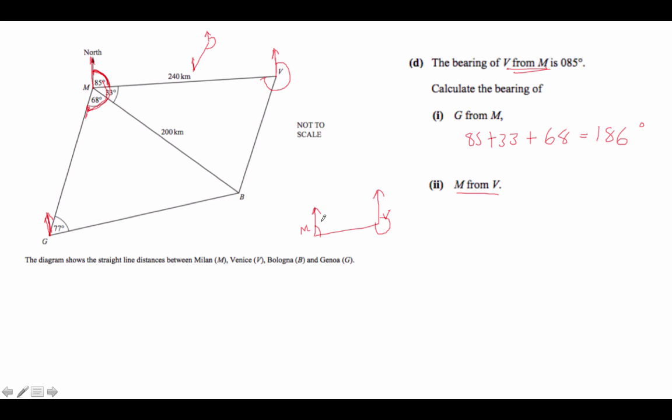Well, I know that this is 85, and then because I've got a pair of parallel lines between the north angles, if that's 85, then I know that this angle here is going to be 180 take away 85. So this angle on the inside is 95. Then if we look about V, V is a point, so angles around a point make 360. So if I want to find what's left over, I'd have to do 360 take away 95, which is 265 degrees.